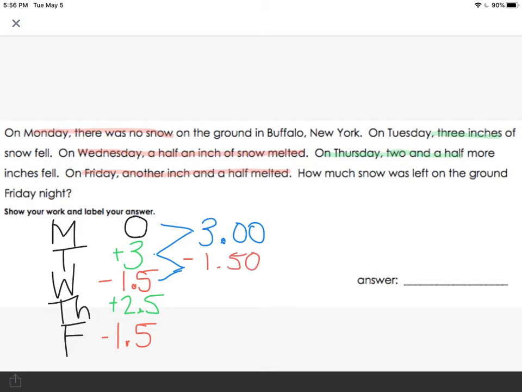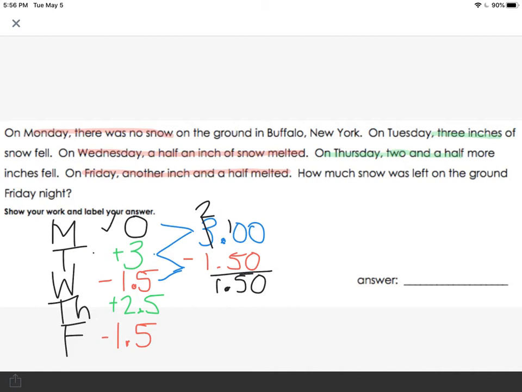So I'm going to do that quickly. I can do 0 minus 0. That equals 0. I can't do 0 minus 5. I'm going to need to borrow. 10 minus 5 is 5. I'm going to drop my decimal. And 2 minus 1 is 1. So at the end of Wednesday night, there was 1.5 inches on the ground.